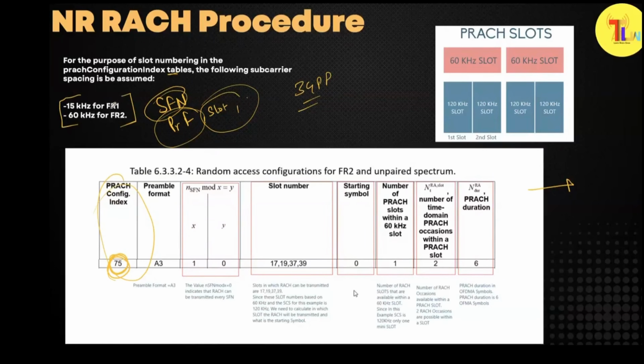So 3GPP has maintained two tables, one for FR1 and another for FR2. For FR2, they have taken 60 kilohertz as base. For FR1, they have taken 15 kilohertz as base. Now our case is 120 kilohertz.